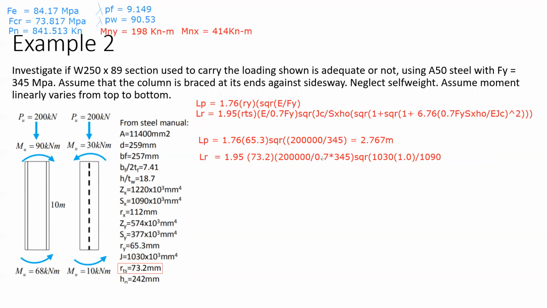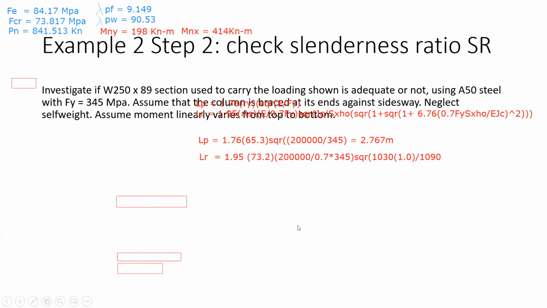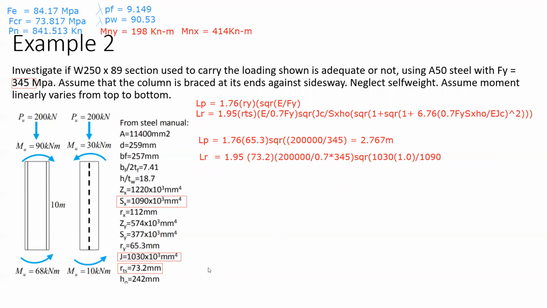This is your E. 345 is your FY. You have 1030. Ito yung 1030 natin, the value of J. 1090, that is your SX dito. Let's continue. 1090 times 242, that is your HO.